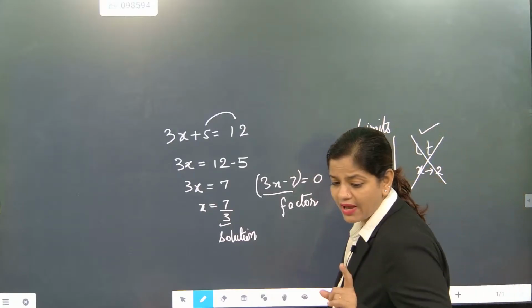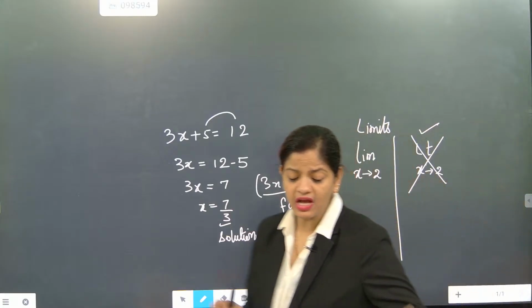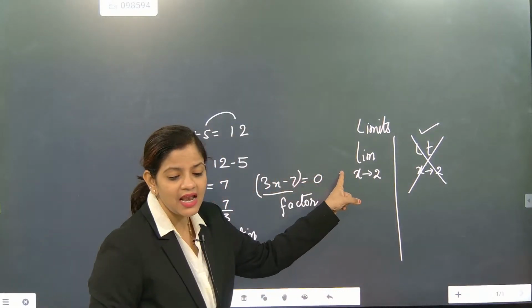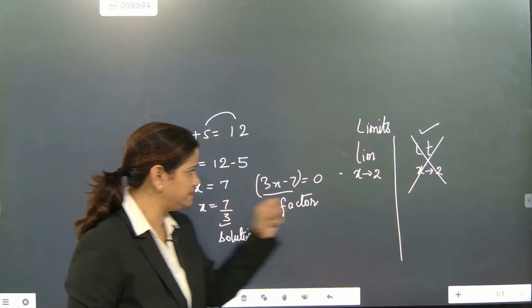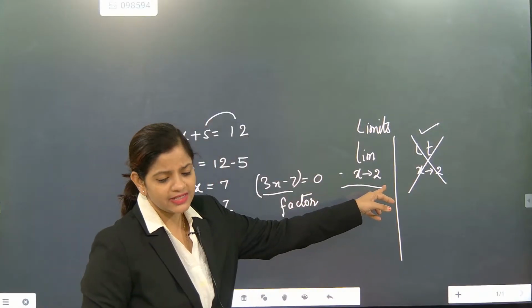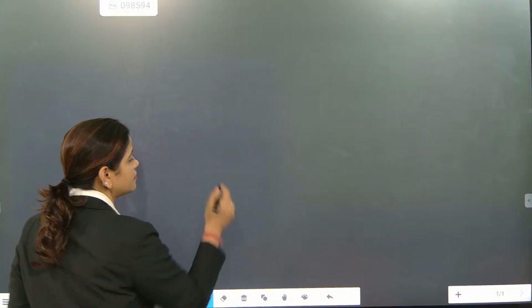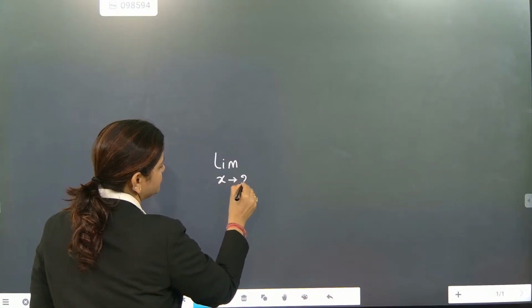Many students by mistake write L D. Don't write that. It has another value, another application. What you have to write is lim. This is limit, beta, and this only you have to write.